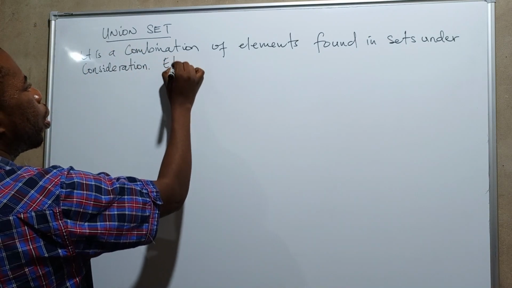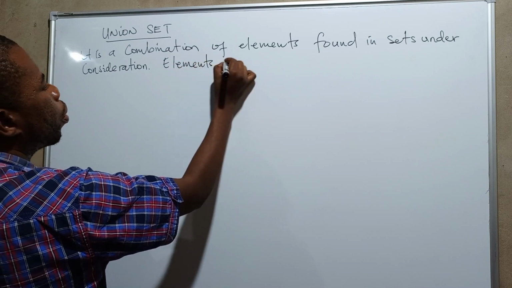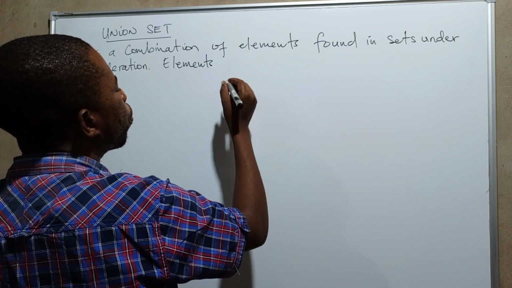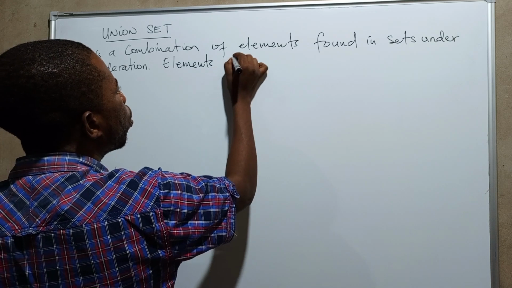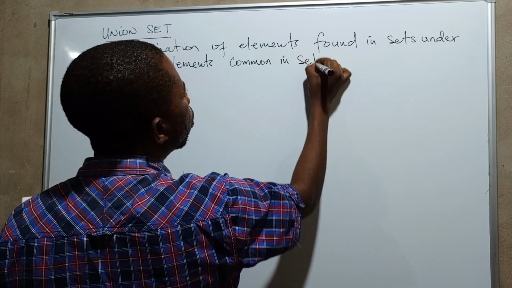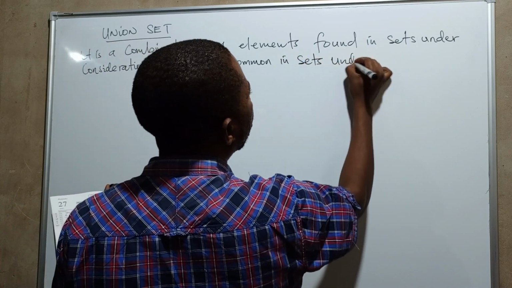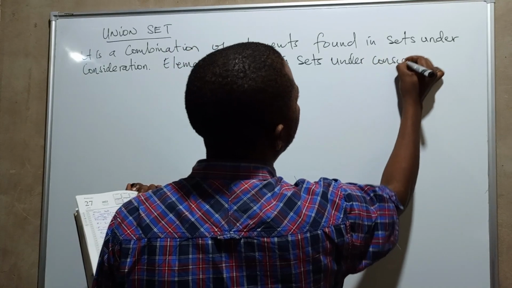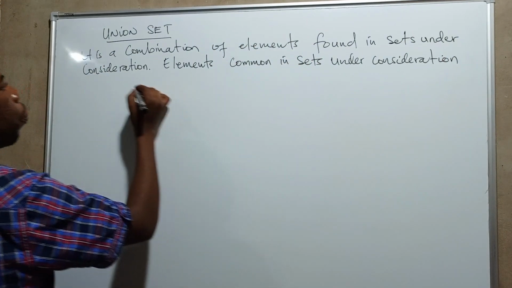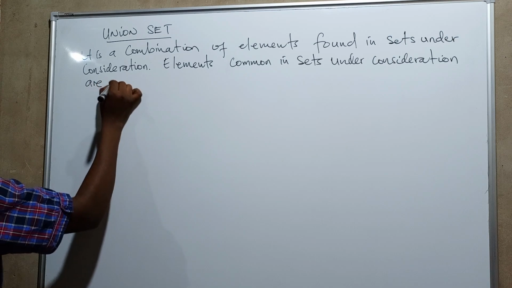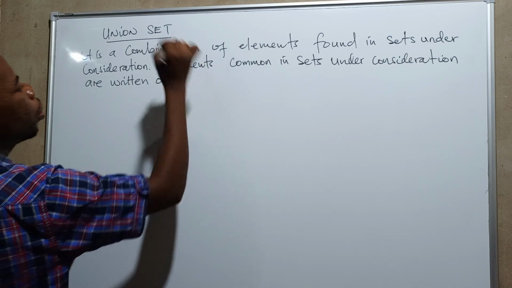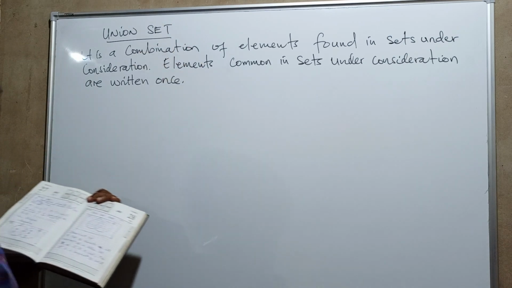So we are saying elements common in sets under consideration are written once.